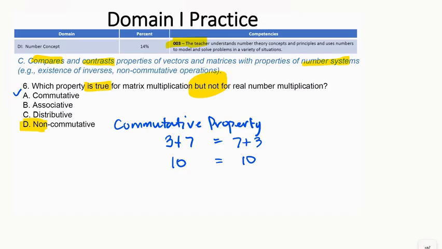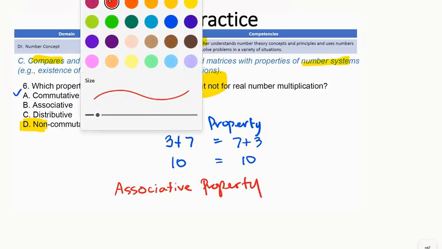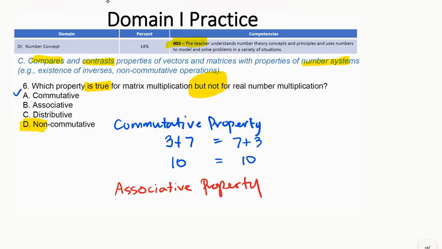Next is the associative property. Can you give me another number, please? Let's use 5. 3 plus 7 plus 5.